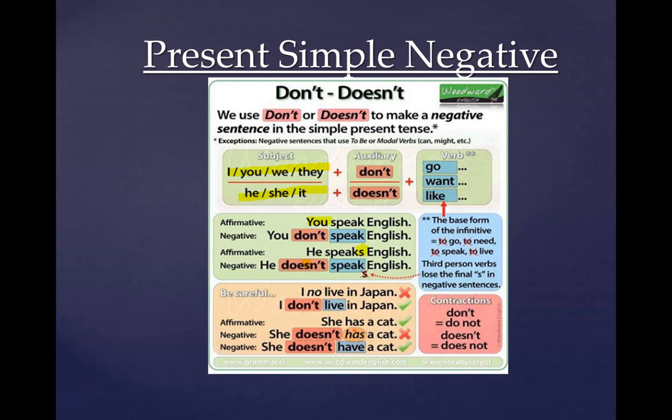There is an S. Why here is not correct? Because remember that this S goes here in doesn't. Okay? So the correct one is she doesn't have a cat. Let's continue.